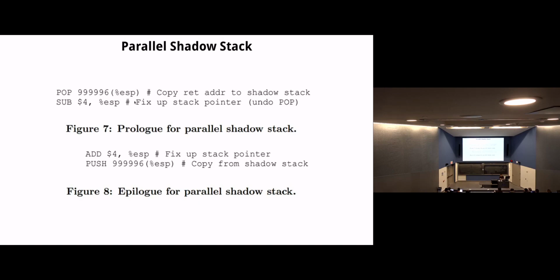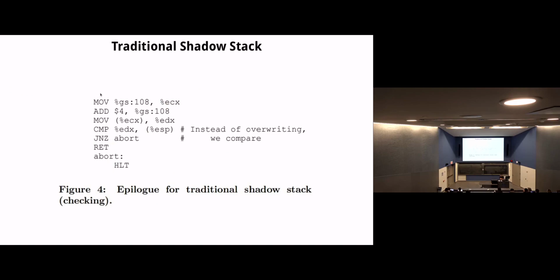So the shadow stack pointer, in this case, is a fixed location at the current stack pointer plus this value. That's a memory location, right? Also, in this case, the GS 108, this is also a memory location. This is also a register, yeah.